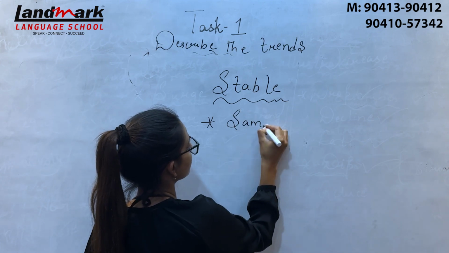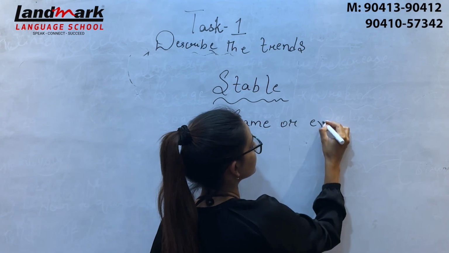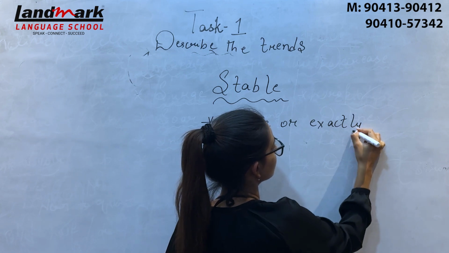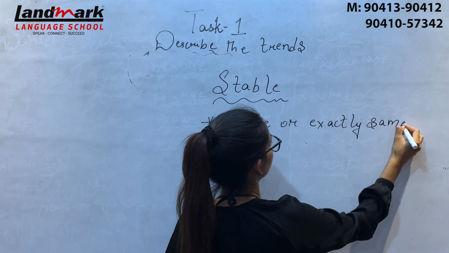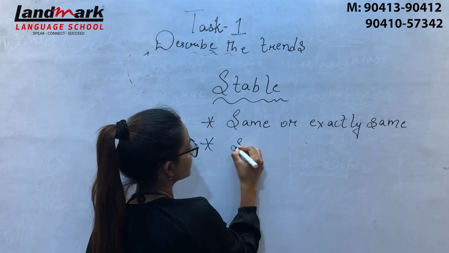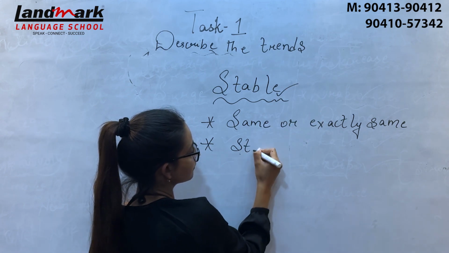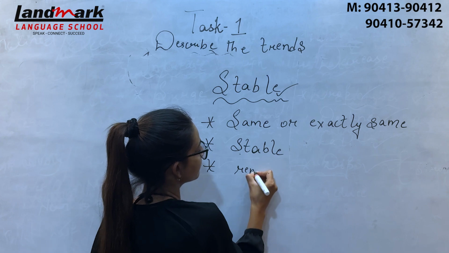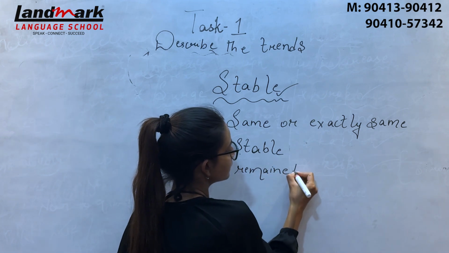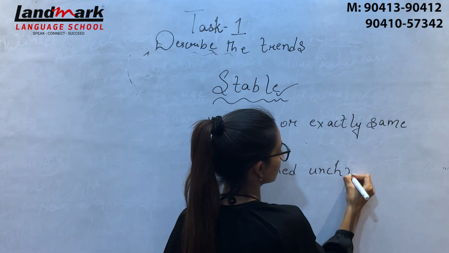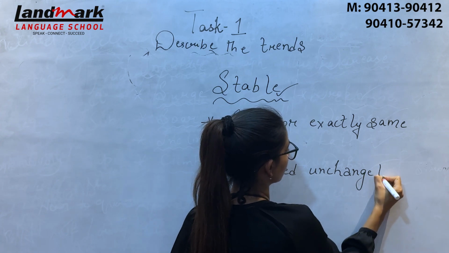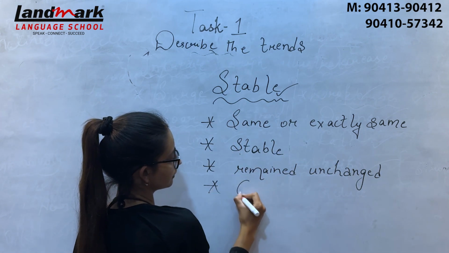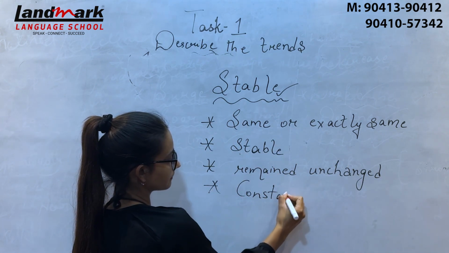When the number is the same, firstly you can say same, or you can write exactly the same. For stable, you can write stable, and you can write remained unchanged, and you can also write constant.